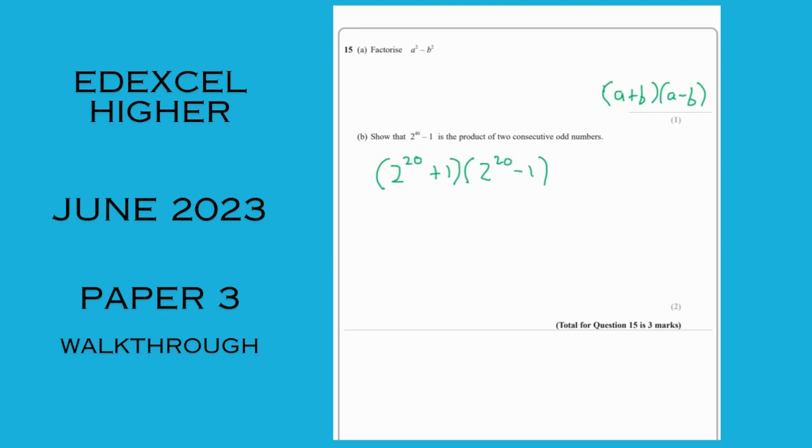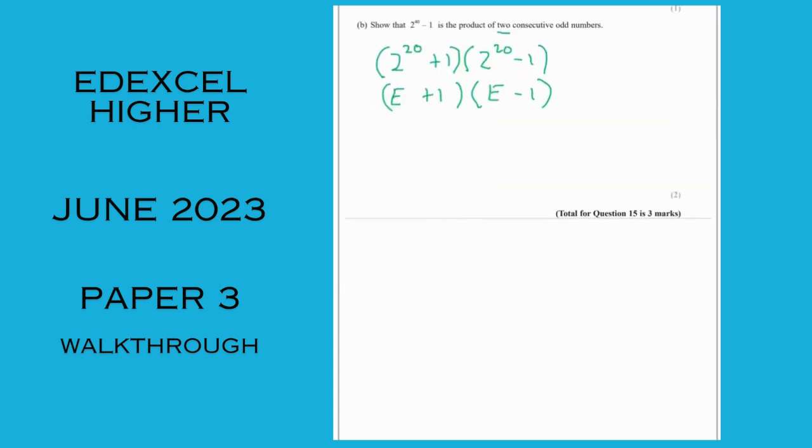So as you can see, 2 consecutive odd numbers. 2 to the 20 will be a huge even number. So whatever how big it is, it's even plus 1 multiplied by even minus 1. So it's the even number, up 1, down 1, and you can put it in whatever words you want, but that's the crux of it.